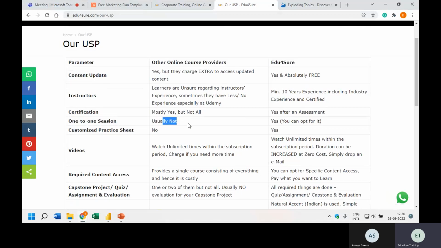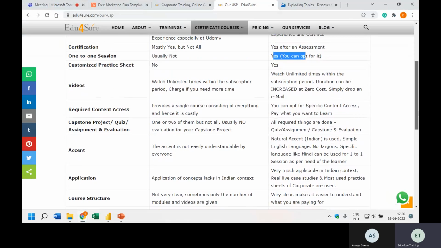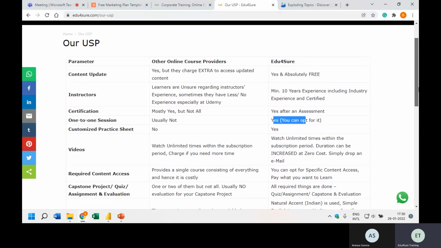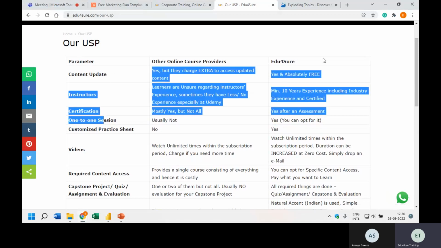Other companies usually do not. Edu4Sure, yes, we can do one-to-one sessions. In this way, we created a page around it, and it can give us good leads, because whatever questions people ask us over email, over WhatsApp, or over the call, they actually get an answer from there.